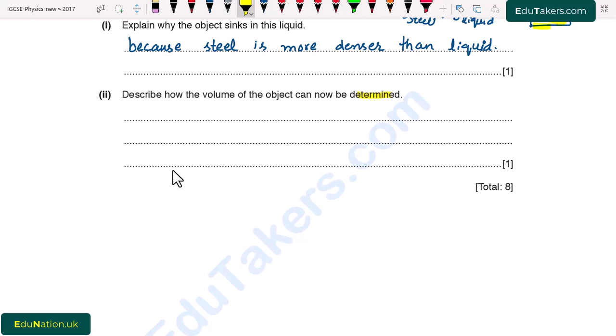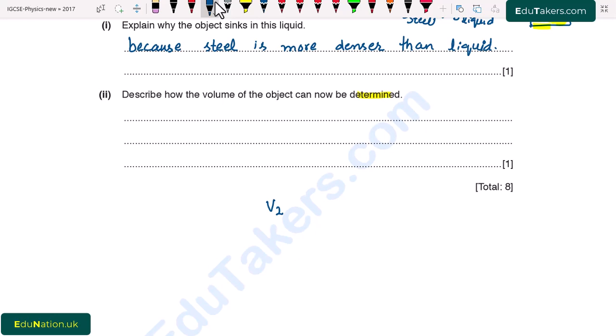So when we place the object in the liquid, we take the new reading of volume, say V2. This volume is the volume of both object and liquid. But here we have to find out just the volume of the object.